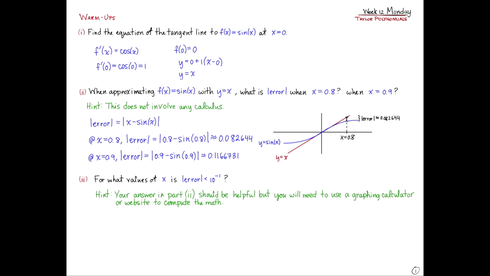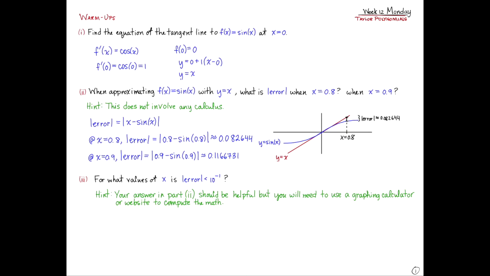In the third part, we want to know for what values of x the size of the error is less than 1/10. In part 2, we found that at x equal to 0.8, the error is 0.082 something, and at x equal to 0.9, the error is 0.11 something.